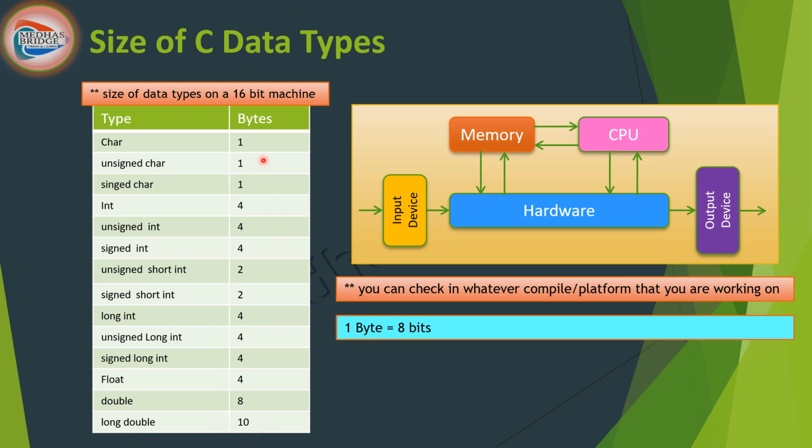So 1 byte is 1 into 8, 8 bits. 4 into 8, 32 bits. 8 into 8, 64 bits for double. Long double means 10 into 8, 80 bits is what you require to store a long double value. So you can imagine what sort of memory is required for storing all these variables.